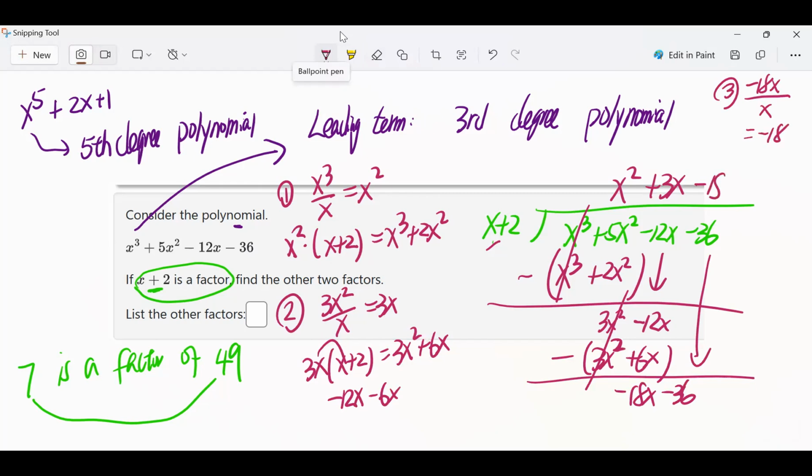So it's minus 18 here. And do minus 18 times x plus 2. I'm going to get minus 18x minus 36. As you can see, it's exactly the same thing, so you subtract, they cancel each other, and we get 0.